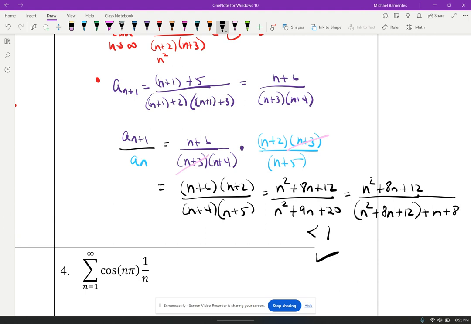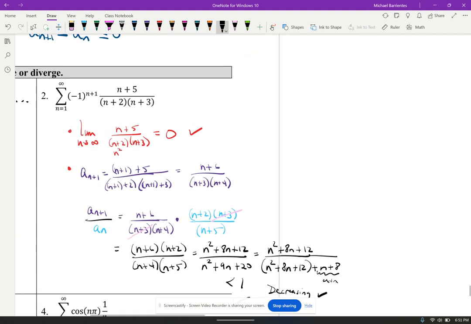Oh, but the denominator has extra, so therefore the denominator is larger than the numerator, and it is less than 1. And therefore, it is decreasing. And if it's decreasing, we just showed that this alternating series converges. The limit has to equal 0, and then I have to show somehow that the series terms are decreasing, and it is.